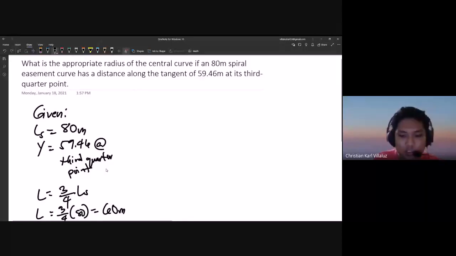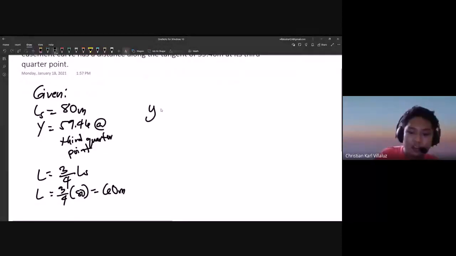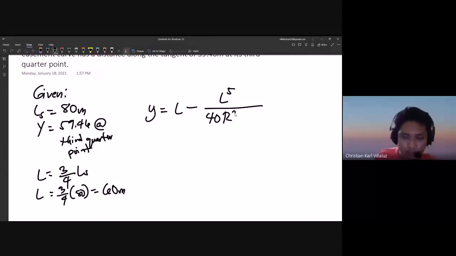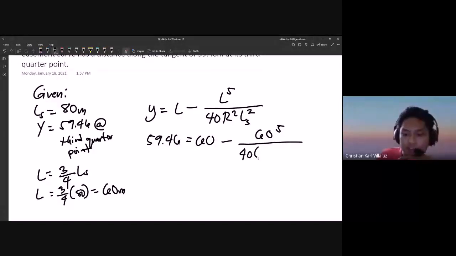What is the radius of the sides of the simple curve? So given yung y, so let's use the formula y equals L minus L raised to 5 over 40 r squared LS squared. Substitute natin 59.46 equals to 60 minus 60 raised to 5 over 40 times r squared times 80 squared.